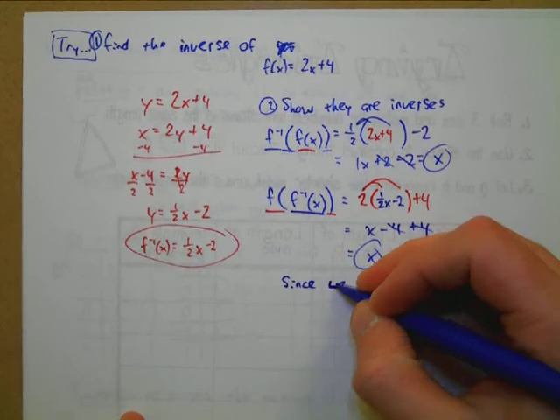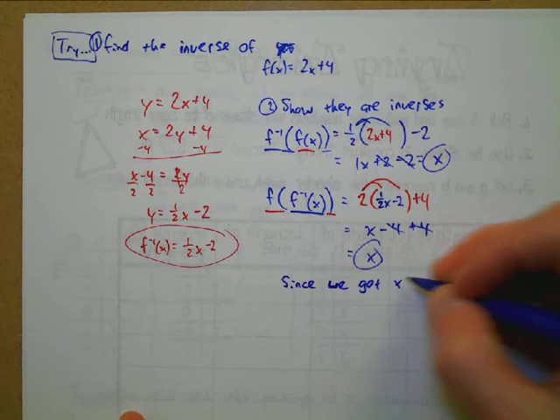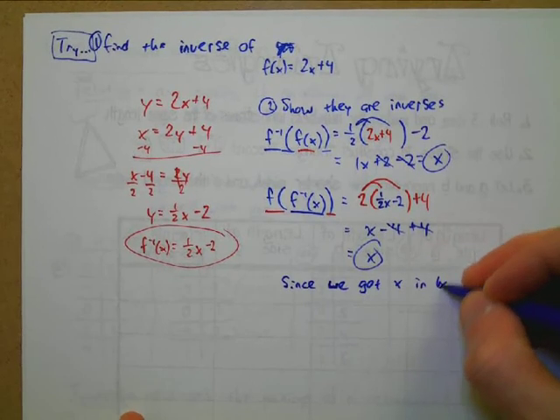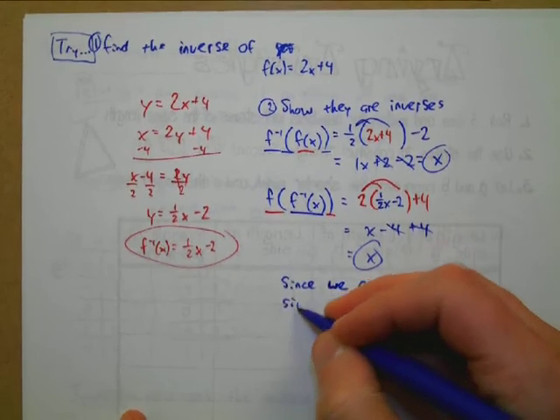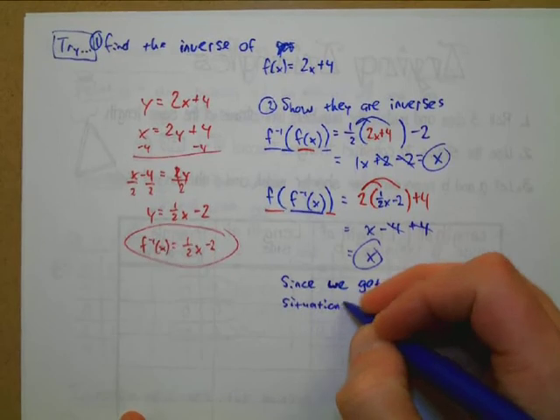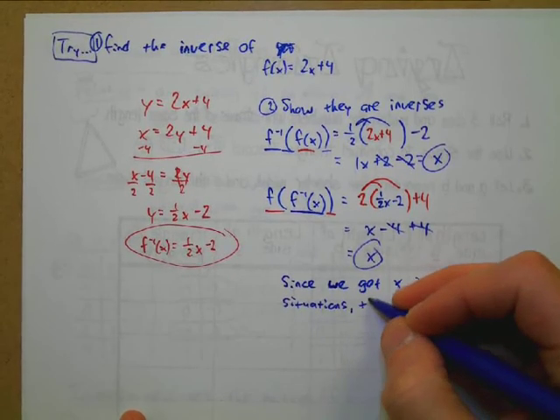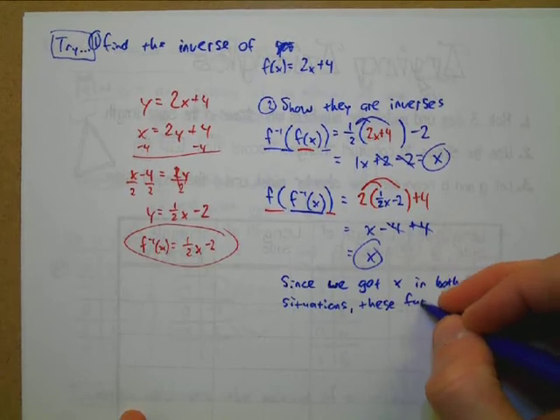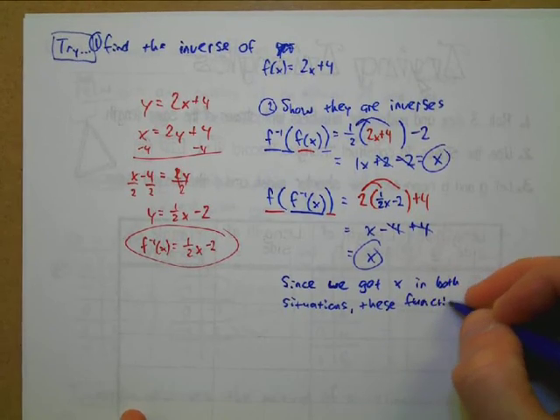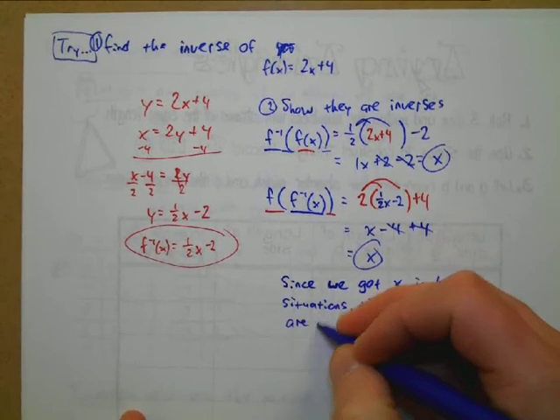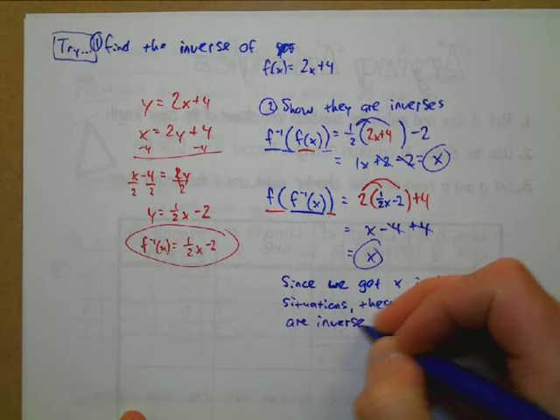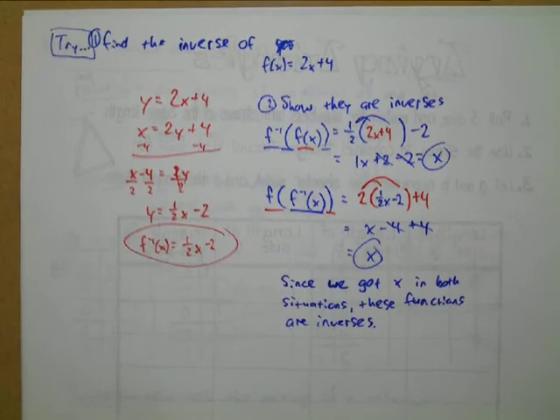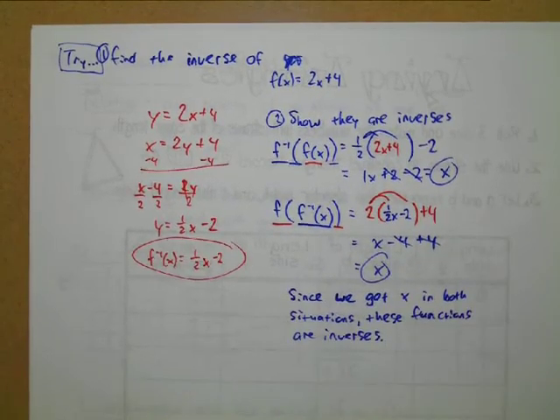Since we got x in both situations, these functions are inverses. So that's how we're going to show two things are inverses or not. All right.